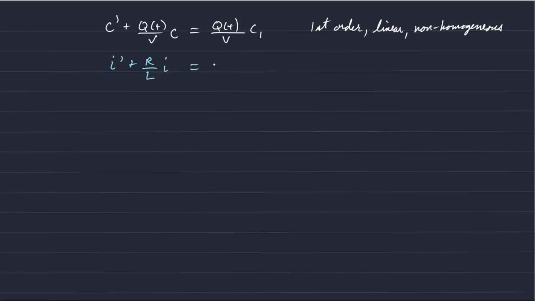And the right-hand side in our electrical circuit was the voltage drop across our battery divided by our inductance term. And actually, the general equation had a time dependence on our battery voltage.